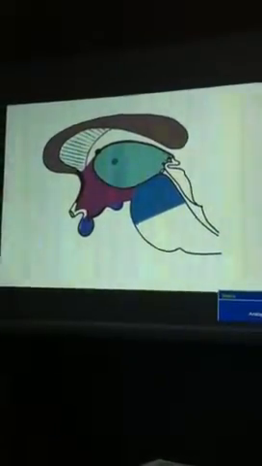What is this one? This is corpus callosum. And how does this look at first, maybe here, talking about the pars optica. From pars optica starts which part?